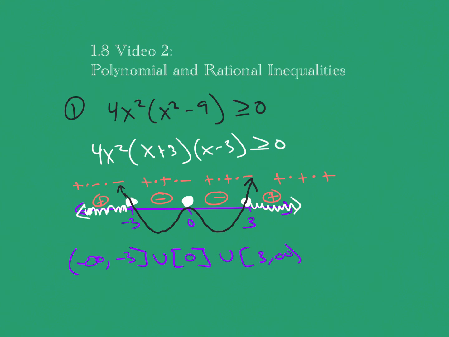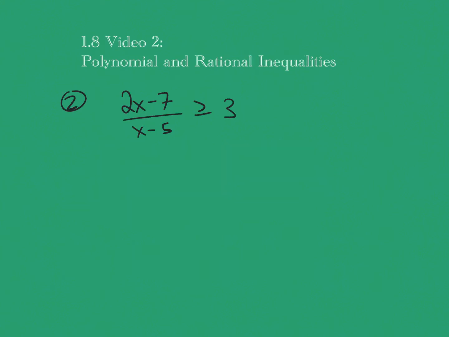Now let's do a rational one. In this example, we've got 2x minus 7 over x minus 5 greater than or equal to 3. Just like before, if it's not linear, we cannot solve it the normal algebraic way. We've got to get it compared to 0 and put it in a factored form kind of situation.